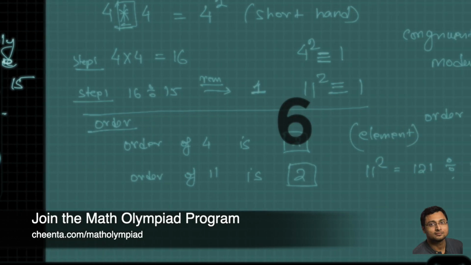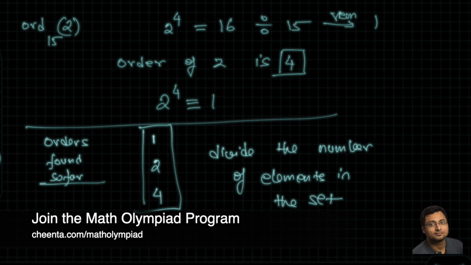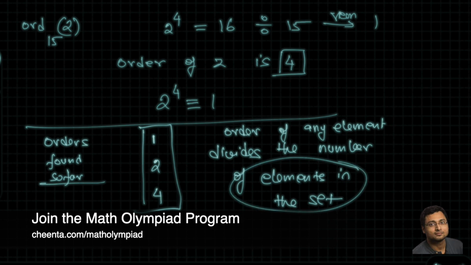That is the main theorem that we have in mind, that the order of any element divides the number of elements in the set. In this case, that's 8. 1 divides 8, 2 divides 8, 4 divides 8, and so on.